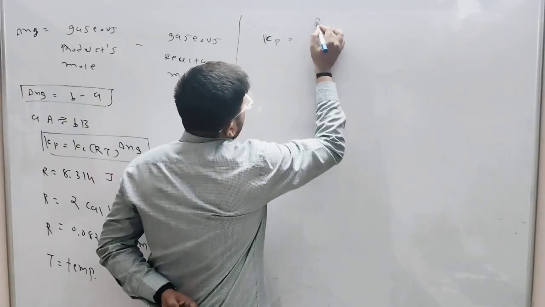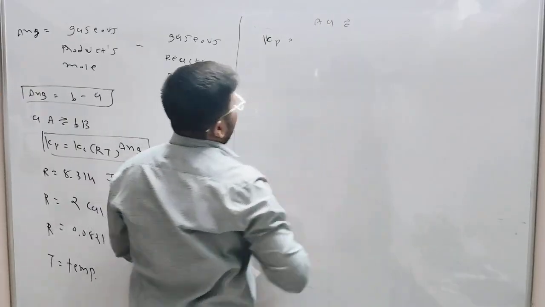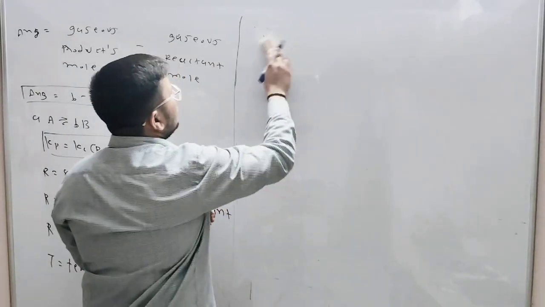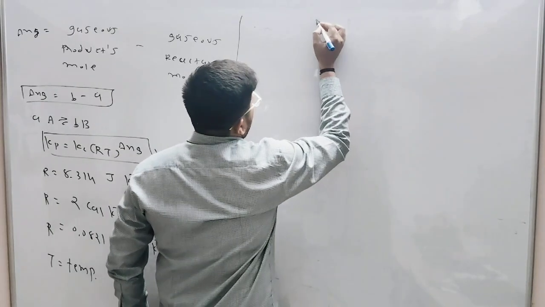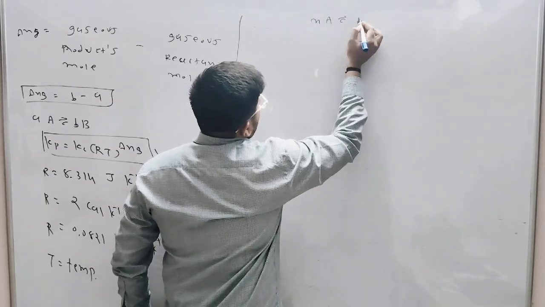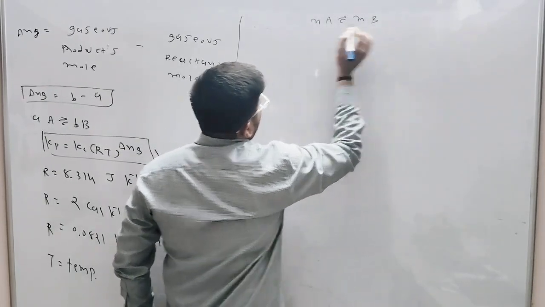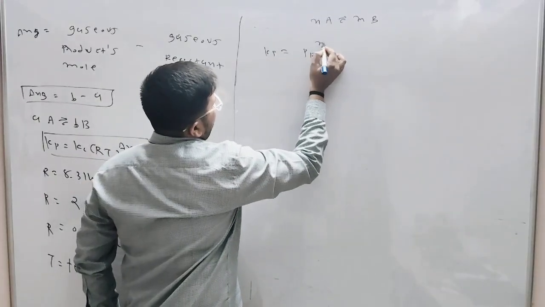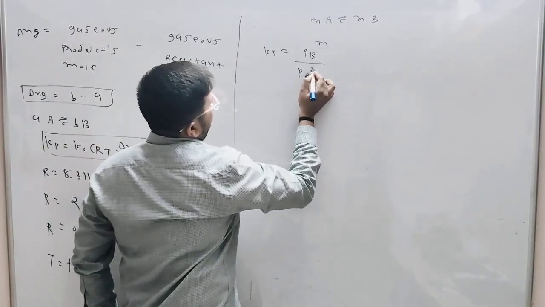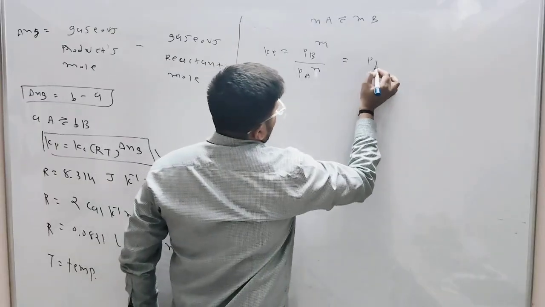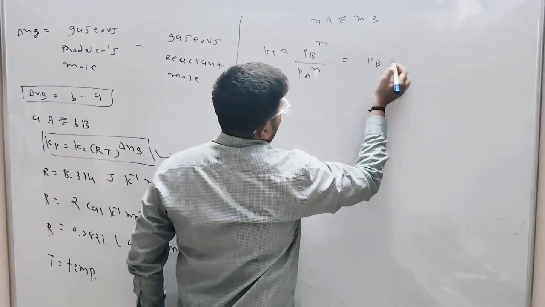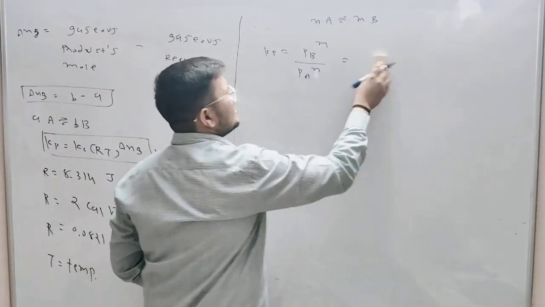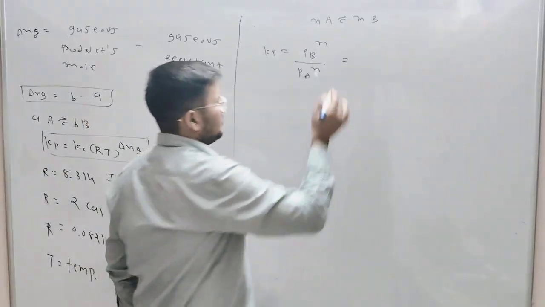Before that, in the reaction I wrote A and B; instead I write nA gives mB. Then what is Kp? The pressure of B raised to m over the pressure of A raised to n. If I write the pressure of B, then you can say delta Ng. What is the unit of pressure?